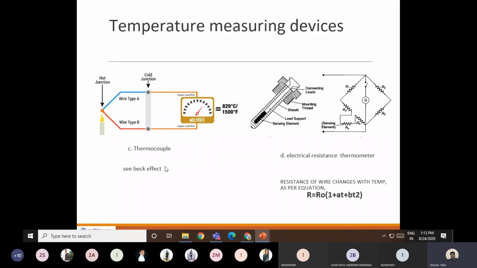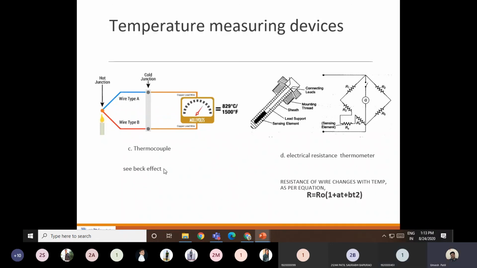Can anybody tell me what this effect tells? Student, please reply. Sir, it is related to thermal current or temperature difference.